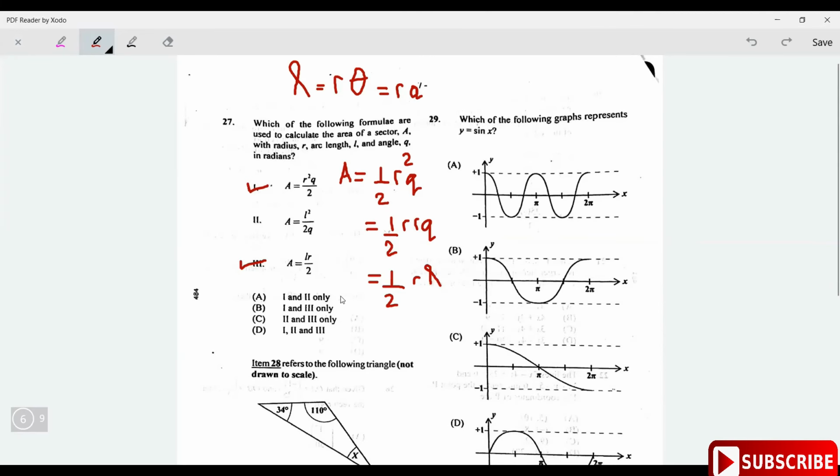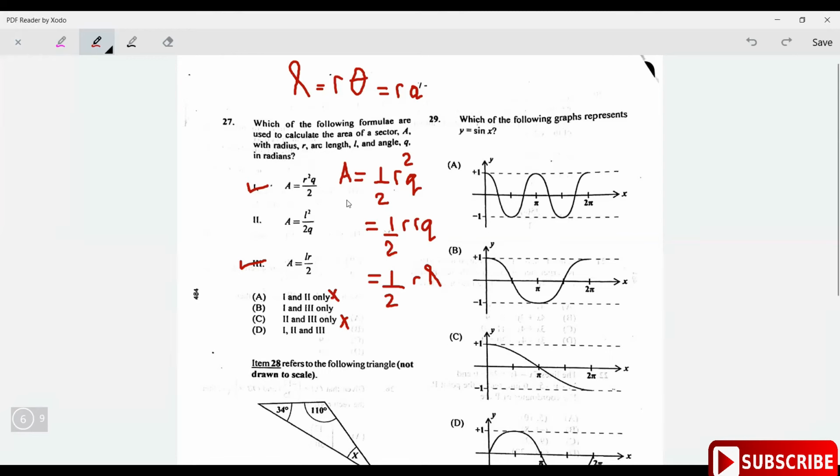So 1 and 3 are definitely good. So anything without 3, that's out. Now let's check if 2 is correct, because I say all 3 are possibilities. Can we get the area is L squared over 2q? Well, L squared over 2q. We just need to check if this formula would also work.